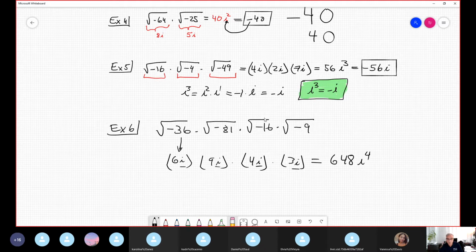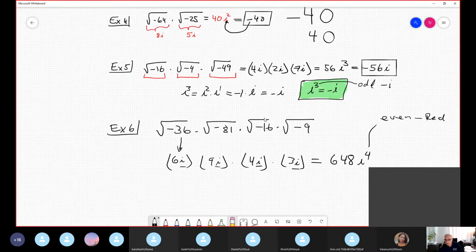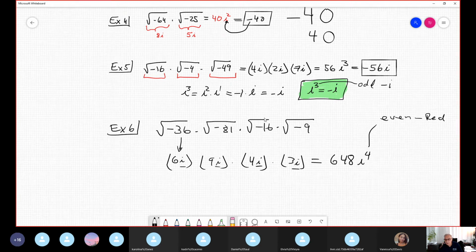The professor explained that when the exponent is an even number, it's real. When the exponent is odd, it's imaginary. Okay, but I am confused.